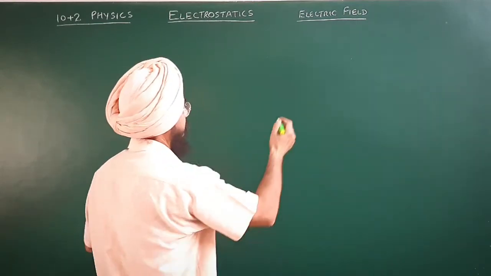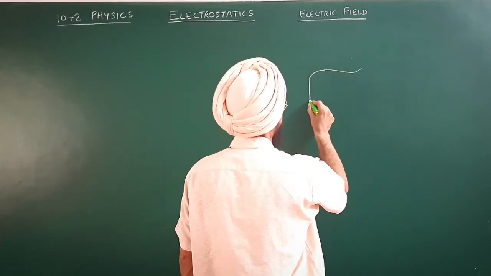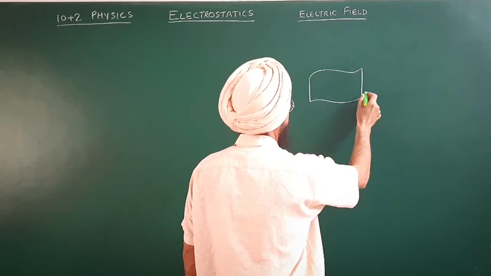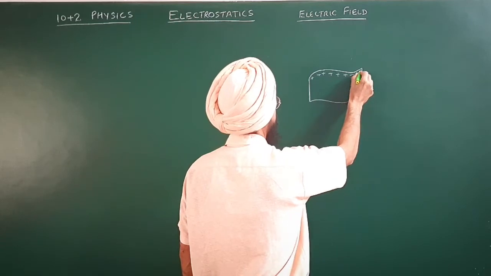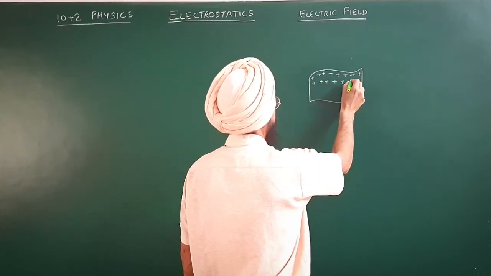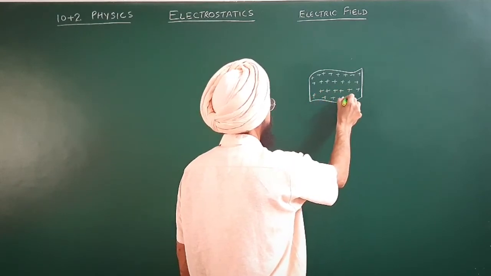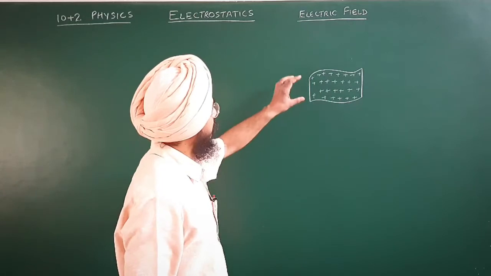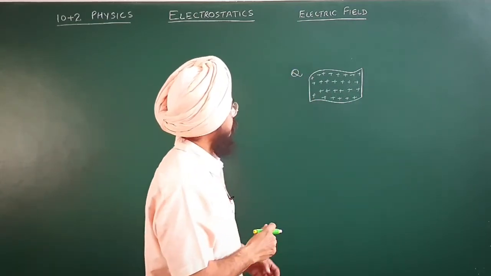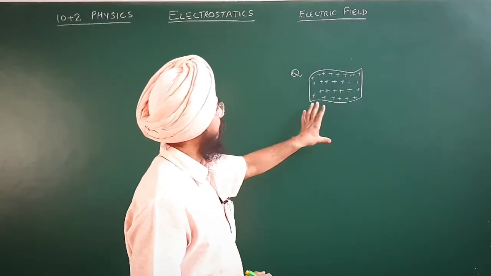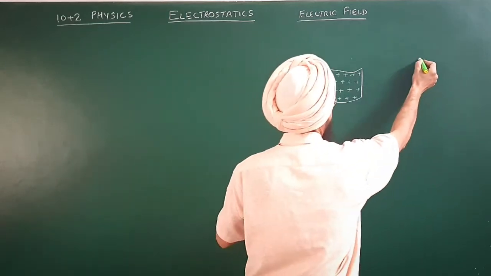So consider that this is the sheet which I have shown you. This is the sheet of paper on which we have charge, and the total charge on this sheet, let us consider, is capital Q. Now to find the electric field of this sheet at any point, suppose the point of consideration is here.